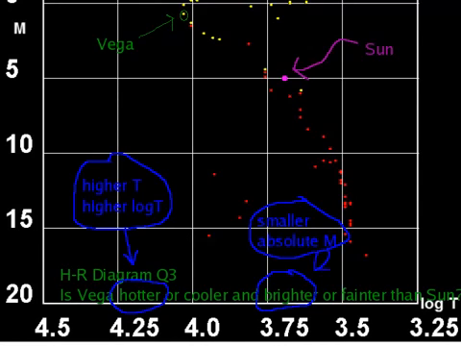Okay. Are there any questions about this one? Question 3? Okay, let me clear the slide again. And the next question is, there are 4 white dwarfs on the HR diagram.